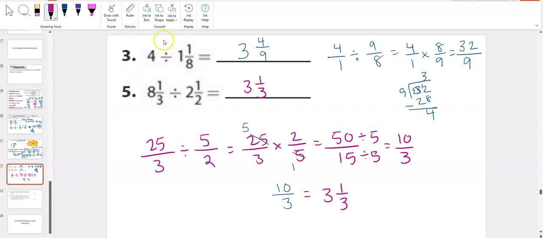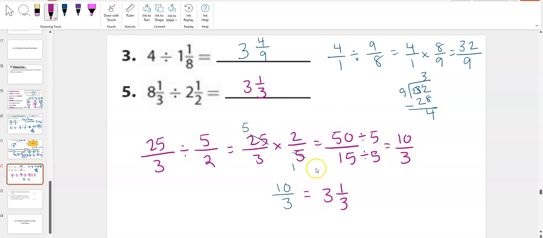All right, so you can see here, over here I put my whole number over 1, and I turned it into an improper fraction. Then I keep, change, flip, and I got 32/9, which is the same as 3 4/9. Down here, same thing, turn them improper, keep, change, flip. Okay, and then I showed you 2 ways. So if I multiply straight across, I get 50/15, and then I can reduce by 5 and get 10 thirds.